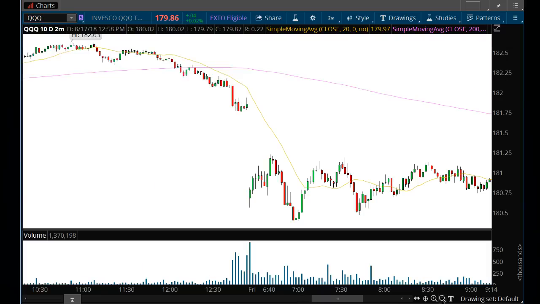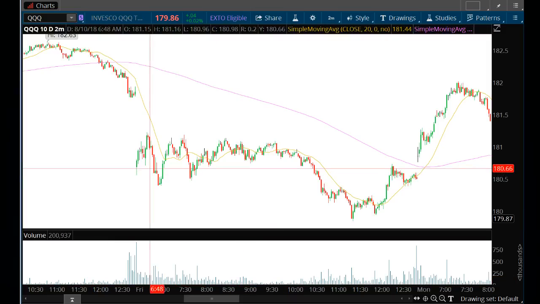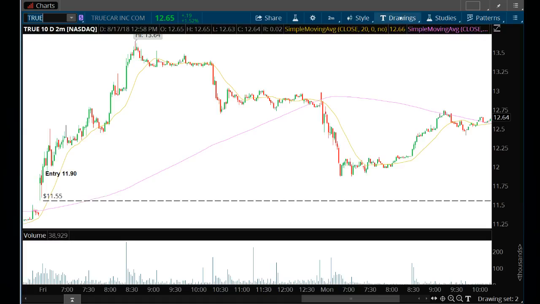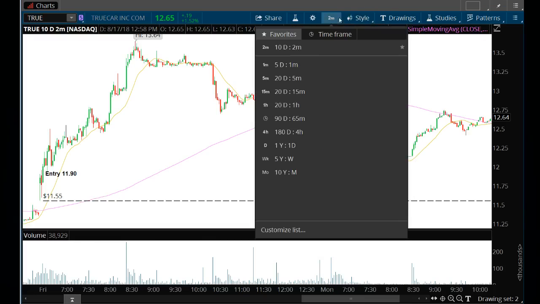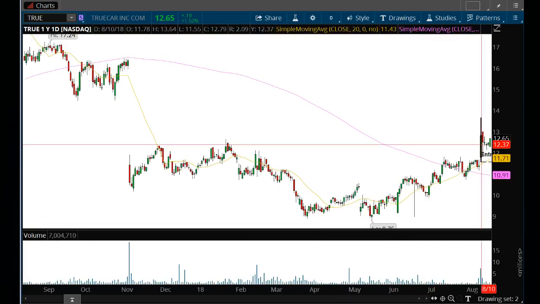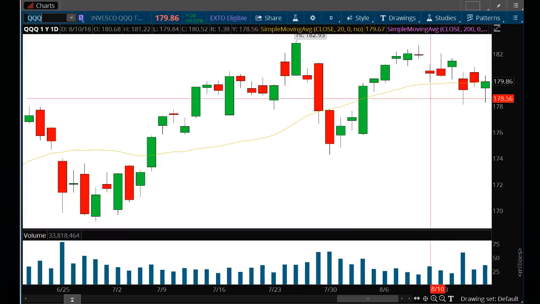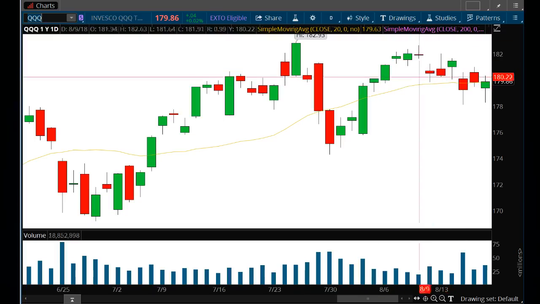If we look at what happened on the day that the TRUE was gapping up, and we look at what the Qs were doing on the 10th as well, what was the market doing? Gapping down.